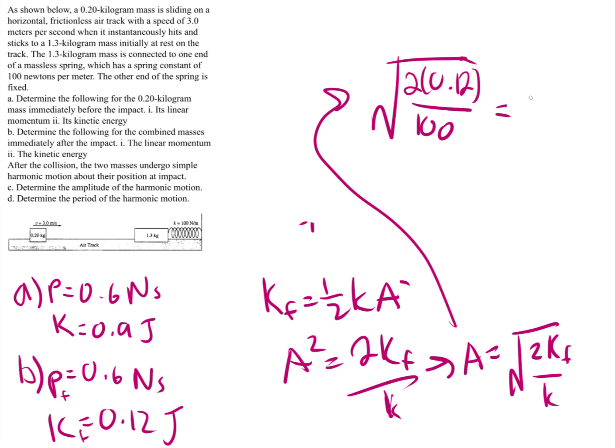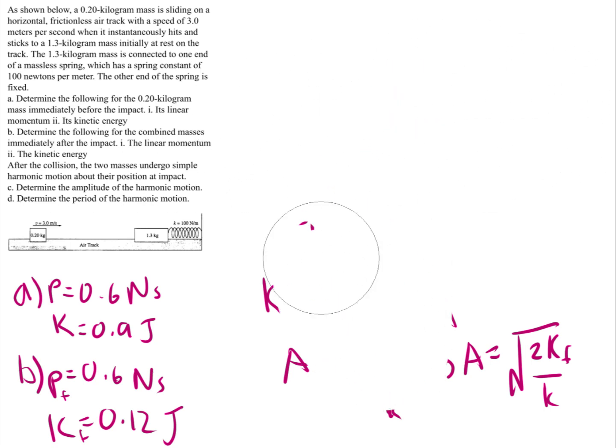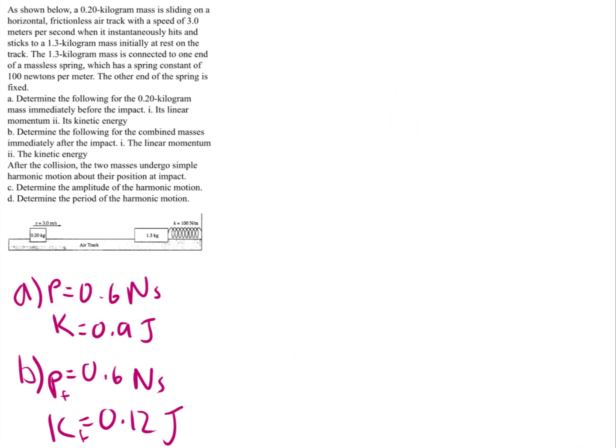That is equal to 0.049 meters. So the amplitude is 0.049 meters. That will be part C. Write it up here: C, the amplitude equals 0.049 meters. And now we need to determine the period of the harmonic motion.